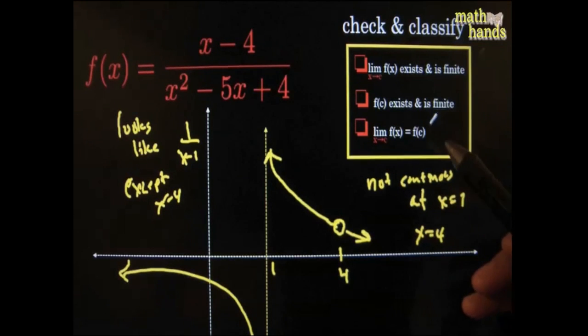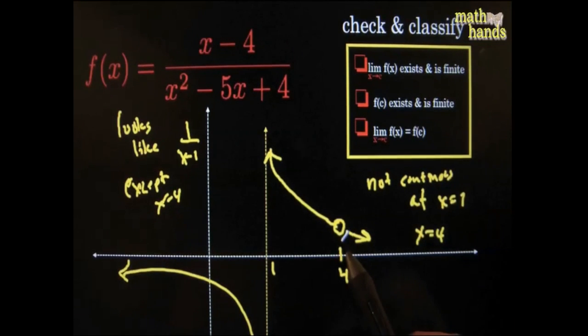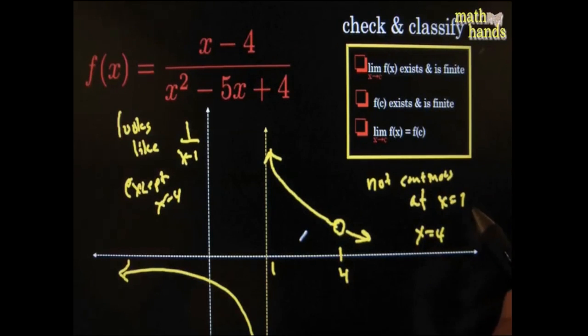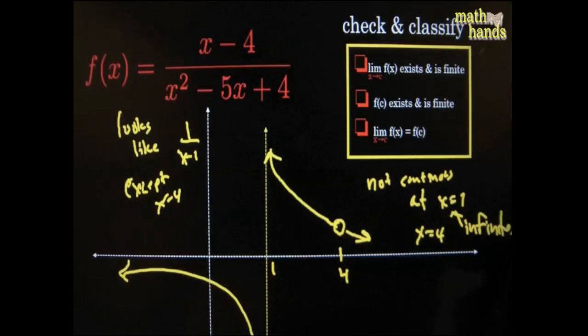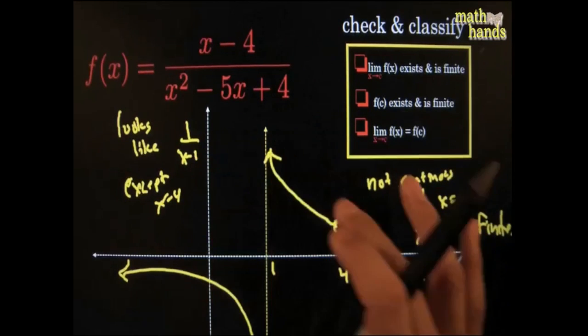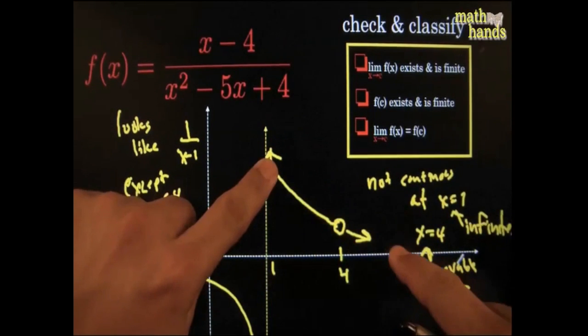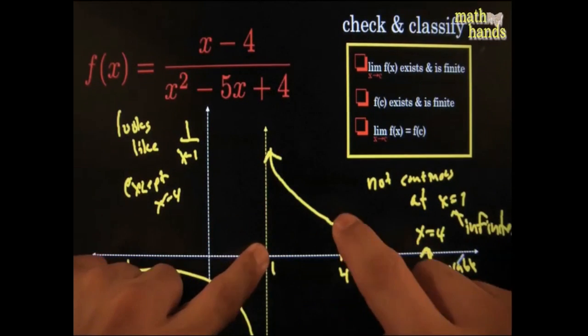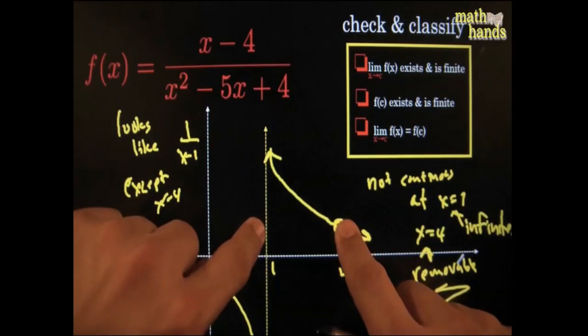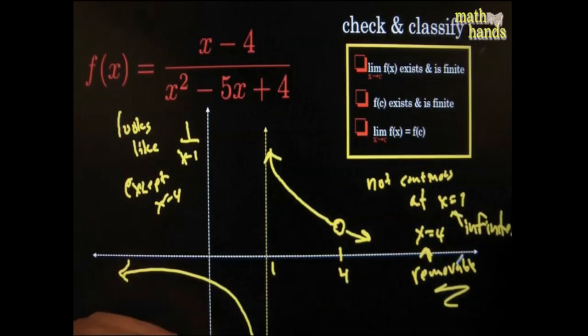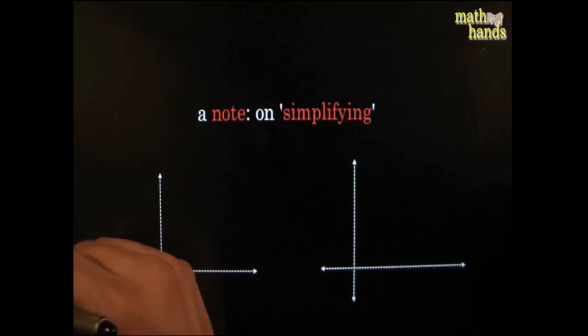The value of the function equals the limit everywhere except at these points. So this one right here, we would classify as an infinite discontinuity, and this one we would classify as removable. And we've done it. You analyze the function, you've seen that it's good almost everywhere except at these 2 points: removable discontinuity, infinite discontinuity. Okay, standard type of problem.